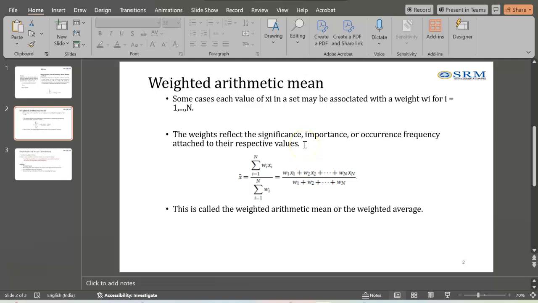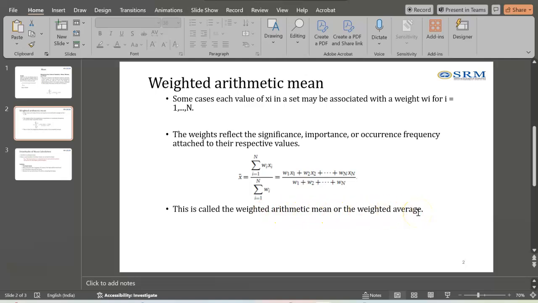The weight could be how significant the item value is, how important it is, or how frequently the occurrence happens. Everything can be reflected through the weight. When you calculate the mean for data items associated with weights, you call it the weighted arithmetic mean or the weighted average.